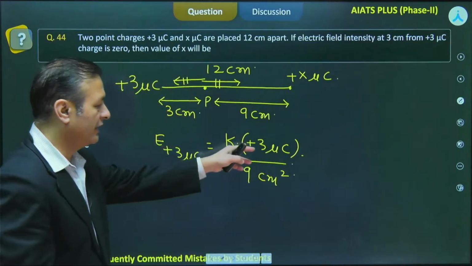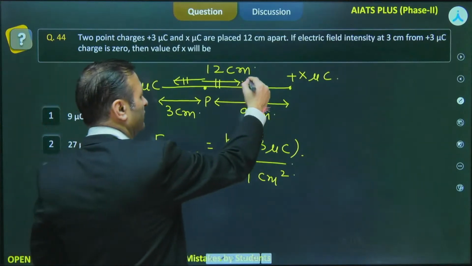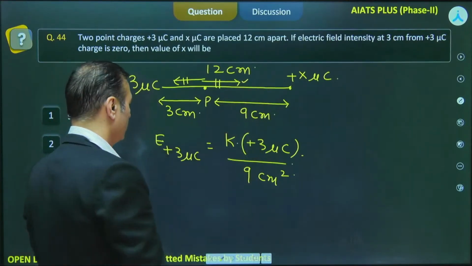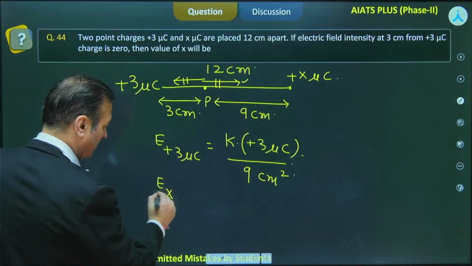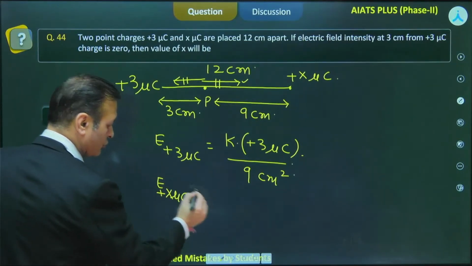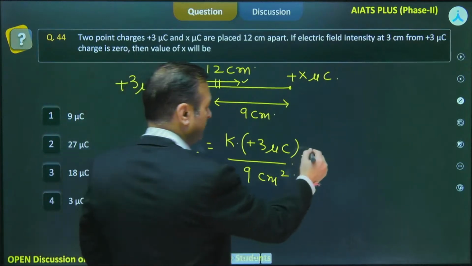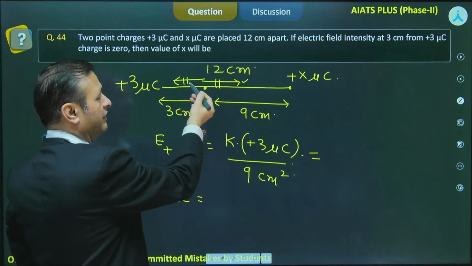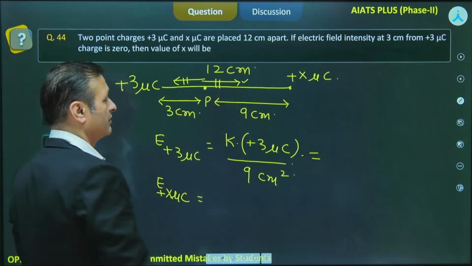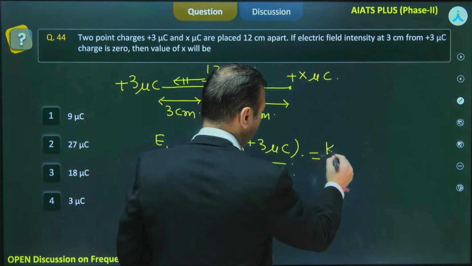There is no need to write plus because we have already considered the radially outward direction, and it balances the electric field due to the plus x coulomb charge. Magnitude wise they have to be equal, direction wise we have already shown them as opposite. So let's equate their magnitude.